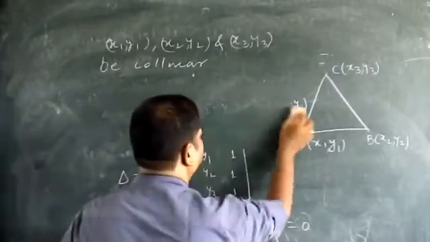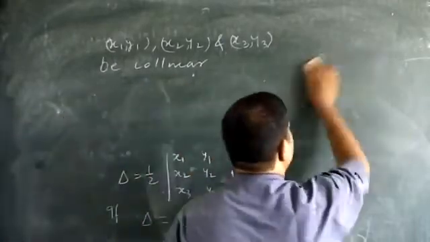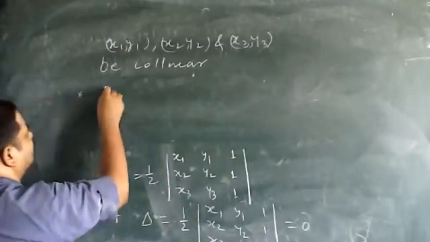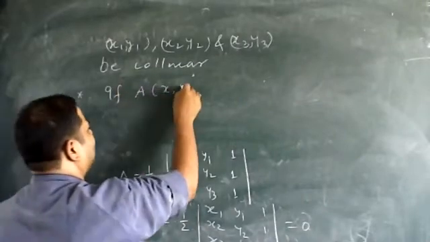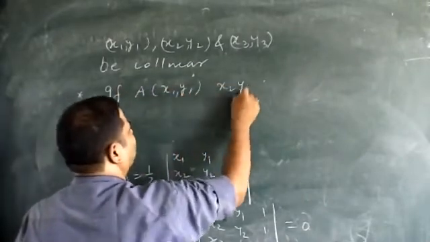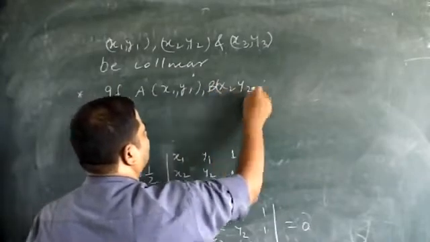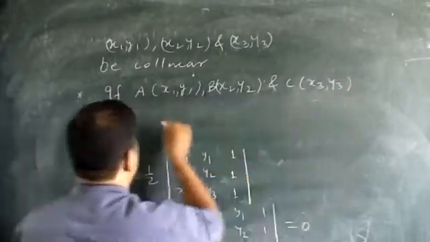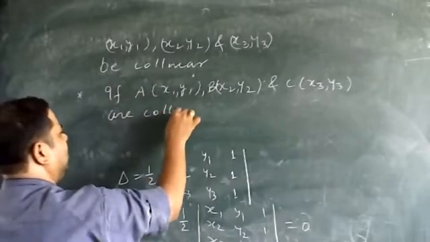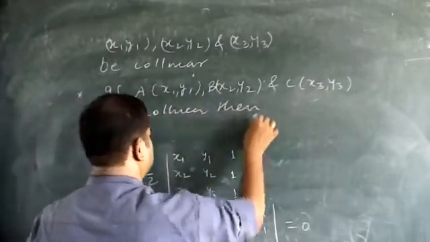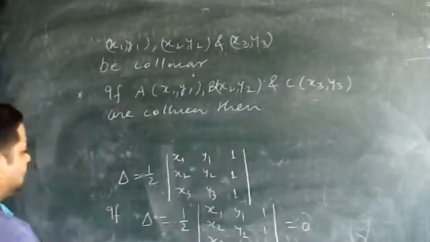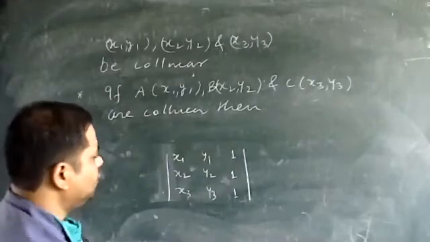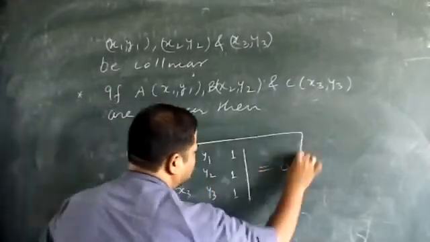Sometimes you have a question where the points A, B, C are collinear, and then the value of this determinant should be 0.